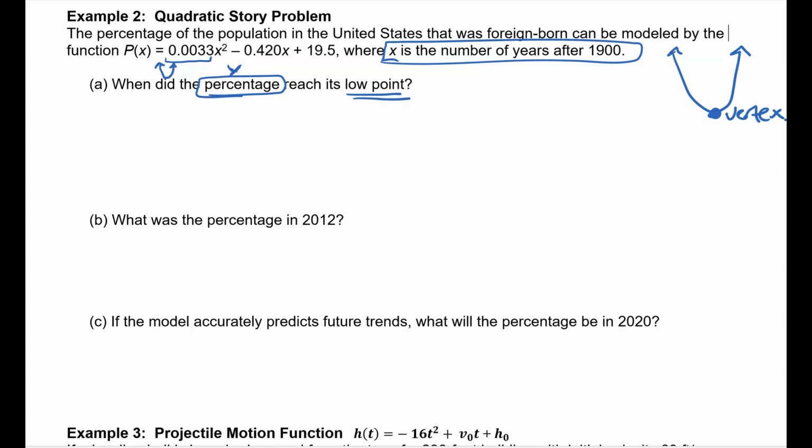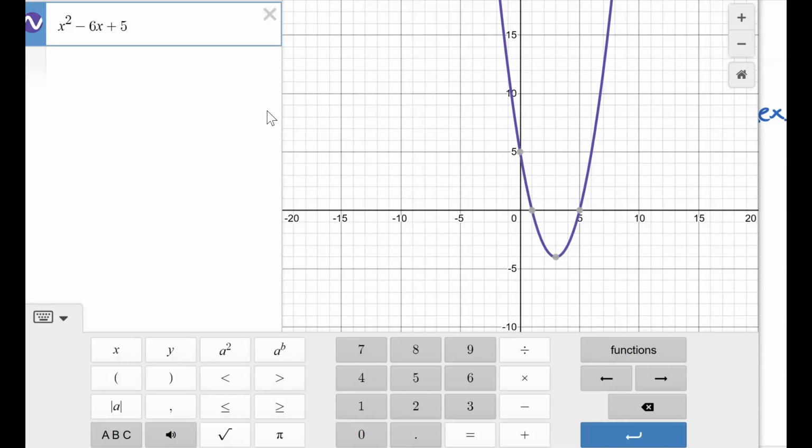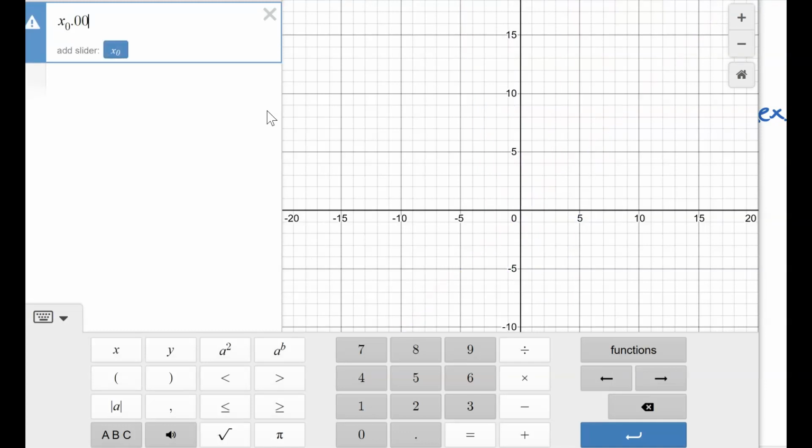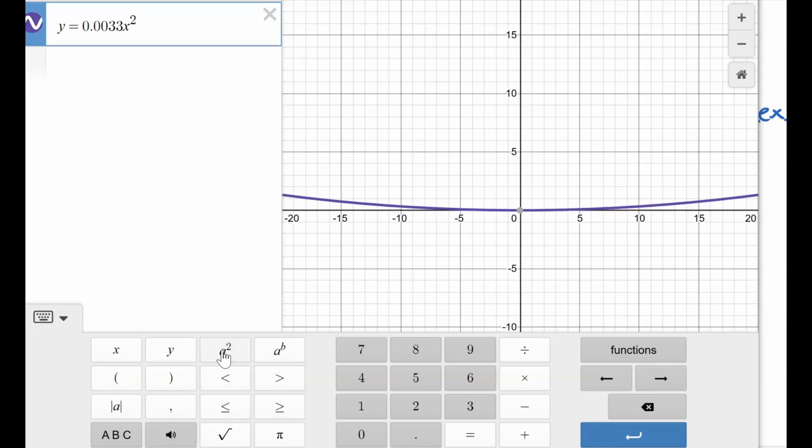So one simple way to do this, you could use the equation on the previous page to find the vertex. That's one way. We could also plug this into Desmos and find the vertex that way, and I'm going to do that. So I'm just going to plug in y equals 0.0033x squared minus 0.420x plus 19.5.